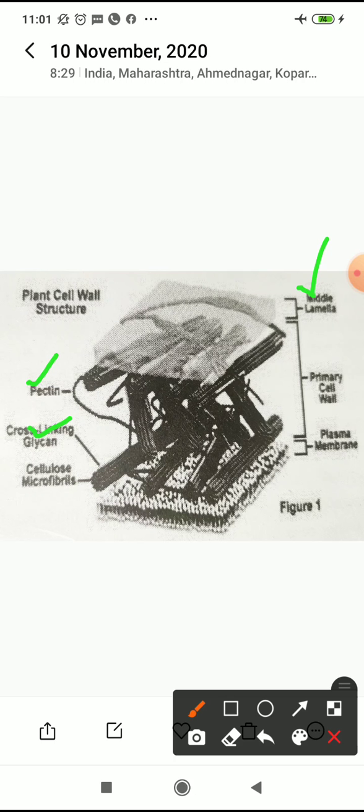So in between two cells, this region is found, which is rich in pectins and due to what? Neighboring cells get cemented and remain close to each other.